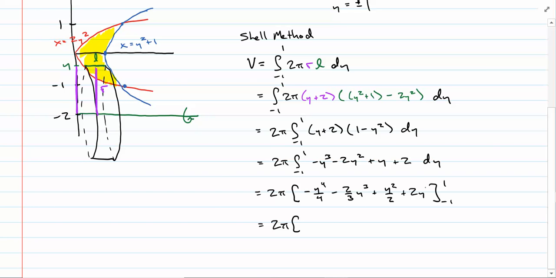If I plug in y equals 1, I use my calculator and turn it into a fraction, I get 19 over 12. If I plug in y equals -1, again using the calculator and turning it into a fraction, I get -13 over 12.